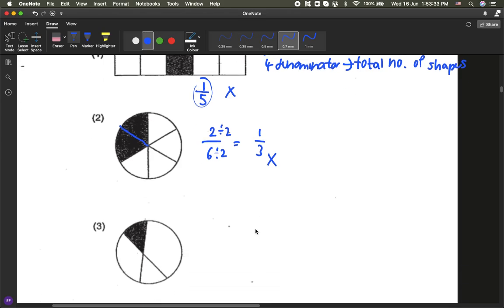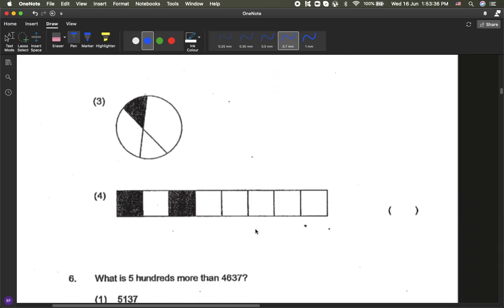Okay? Now, if we move on, we see that this figure has many different shapes, and it has this shaded region over here. Now, if we see where this line is being cut, it's not symmetrical to the circle, so it doesn't really provide us with equal shapes. And in this case, we don't know the fraction.